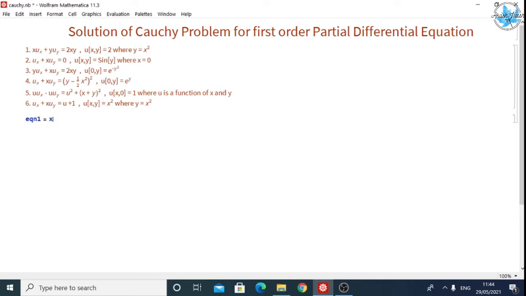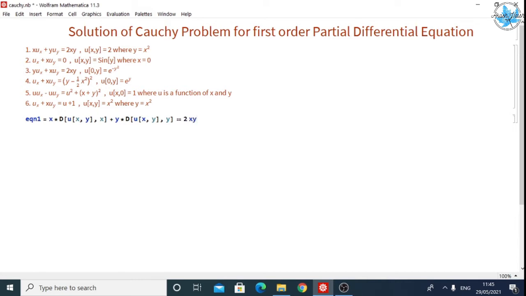The derivative of u with respect to x we write by capital D, and within square bracket u, which is a function of x comma y, with respect to x, plus y into D of u bracket x comma y with respect to y, then double equals to 2xy.